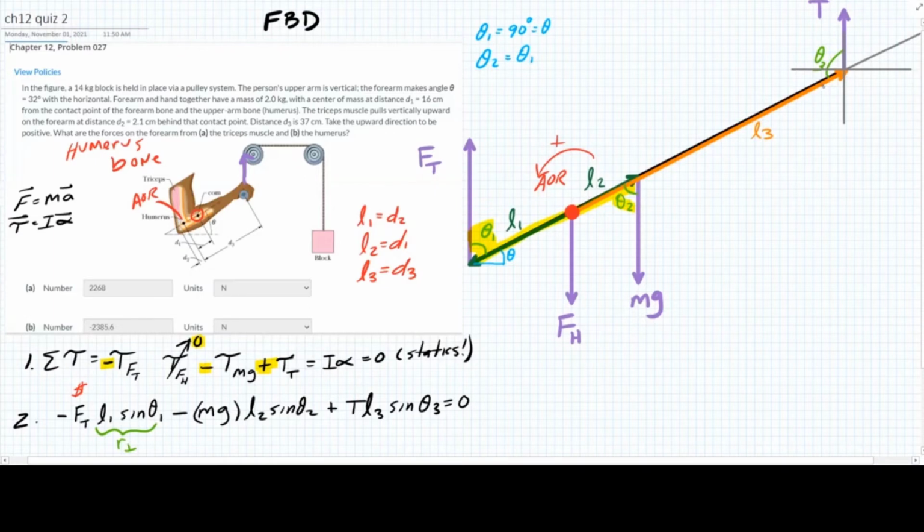This is theta 2, which equals theta 1. So this is theta 2. So theta 3 is going to equal 180 minus theta 2.